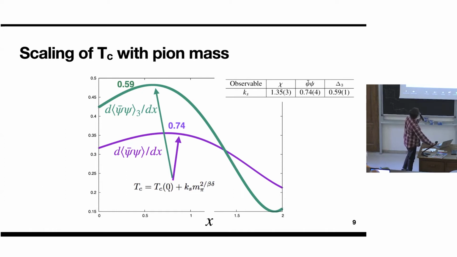So Tc will scale with the same expression given here, but the coefficient in front of the pion mass is different. In one case, it's 0.74 for the chiral condensate. In another case, it's 0.89. So the pseudocritical temperature extracted from this order parameter, according to the O4 universality class, should also be closer to the one in the chiral limit.